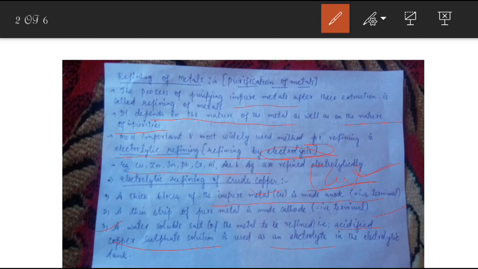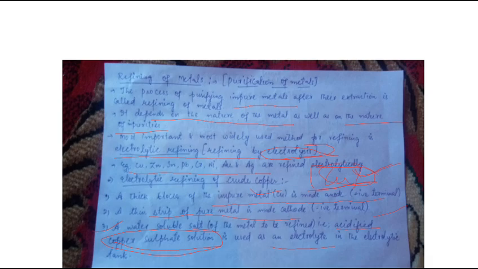We need a thin strip of pure copper, it is made cathode. And we need a solution of copper. It can be copper sulfate, copper chloride, copper nitrate, any electrolytic solution of copper. So here we will use copper sulfate solution.